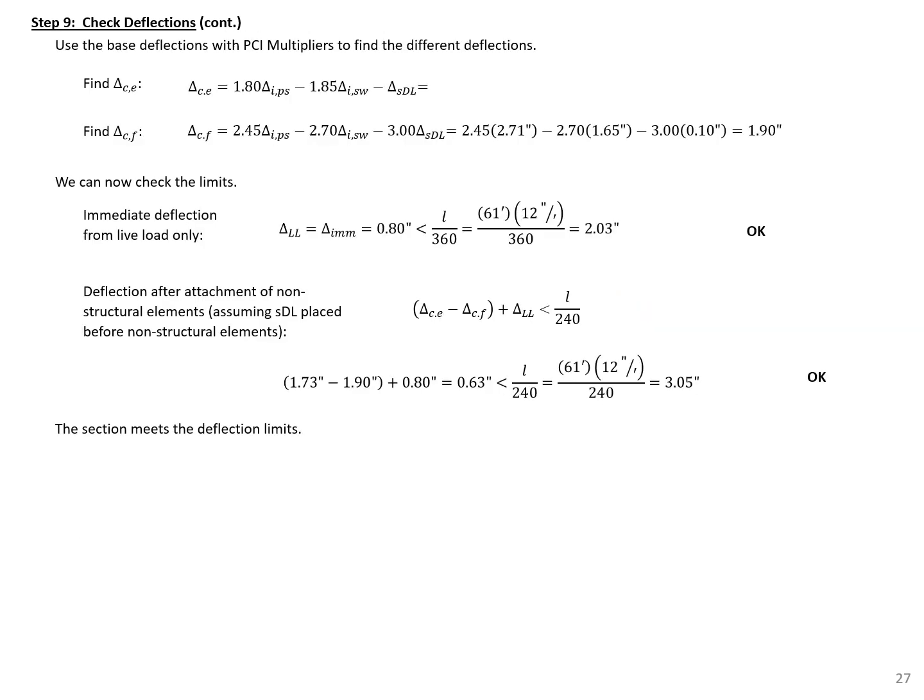We can use the PCI multiplier equations with the deflections we found on the previous slide to calculate the deflection at time of erection and the deflection at final time. So the deflection at the time of erection is going to be equal to 1.8 times our deflection due to pre-stressing, 2.71 inches, minus 1.85 times our deflection due to self-weight, 1.65 inches, minus our deflection from our superimposed dead load, 0.1 inches.